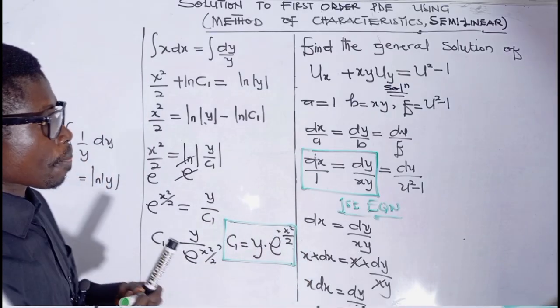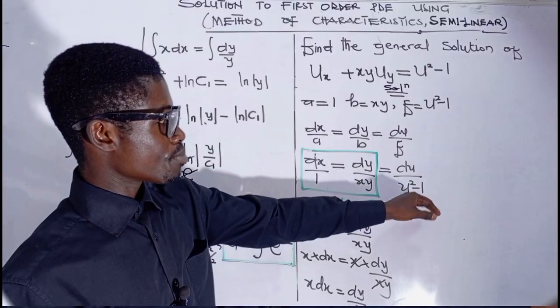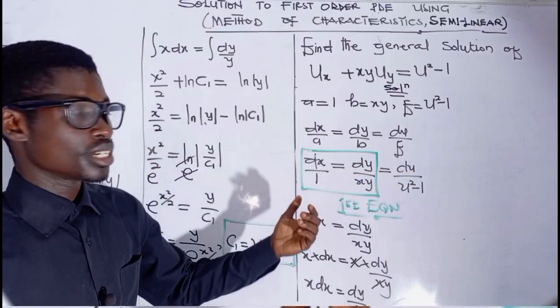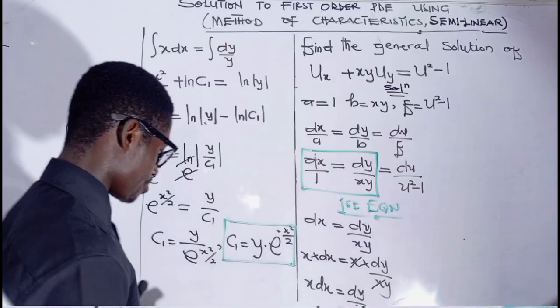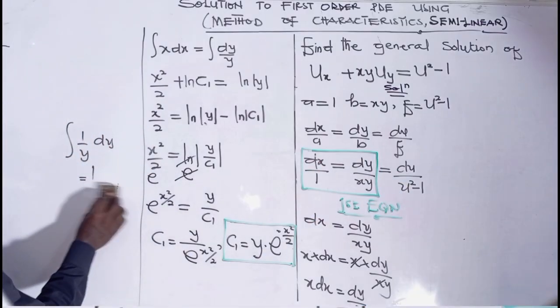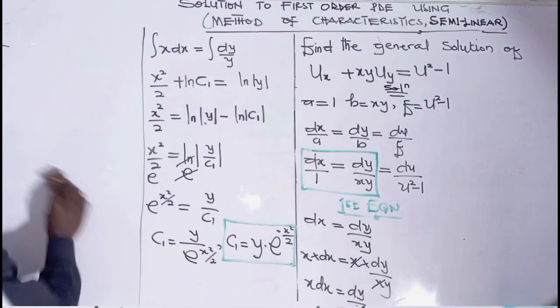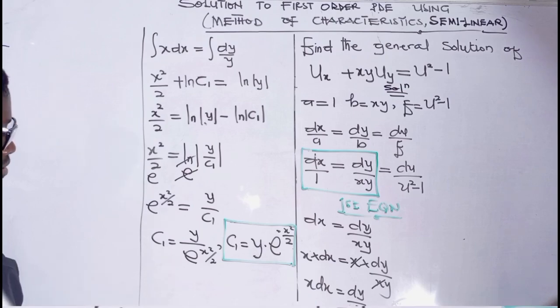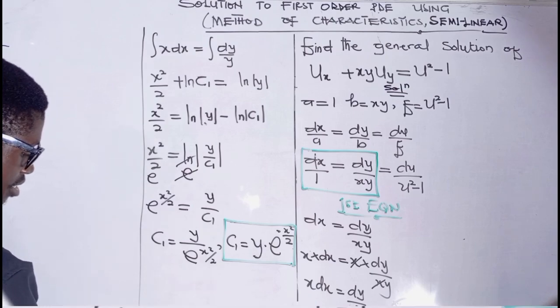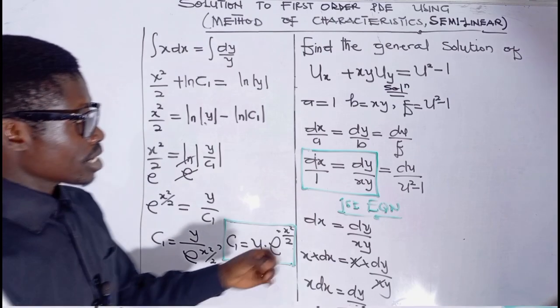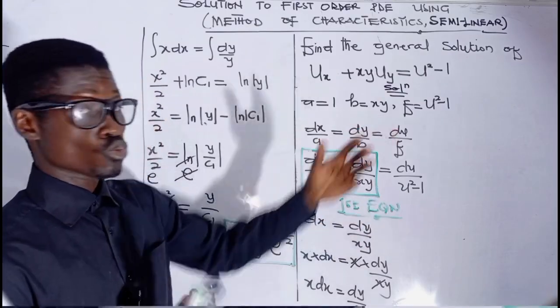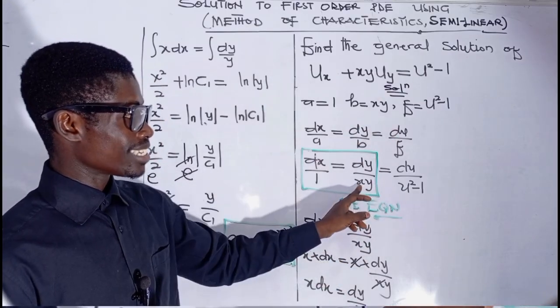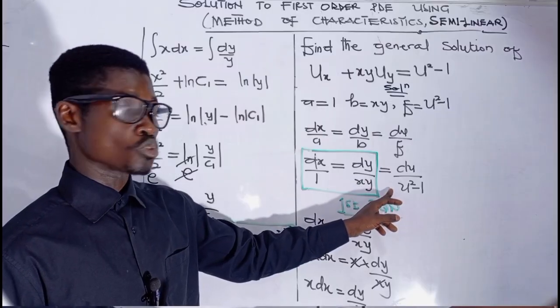Since we are having 3 equations, we are going to pair the u with any one of them. So we can pair the u with that. We can pair the u with that. And then the one that you are pairing with, it should be easier for you to solve or to work with. You realize that we have an x here, so it is very difficult for us to solve it.